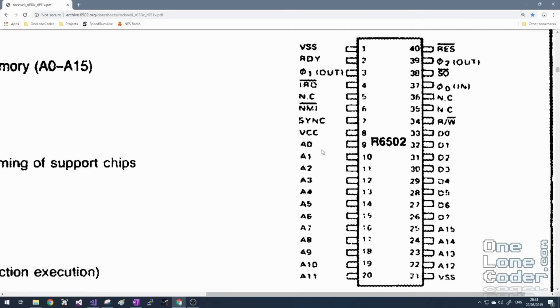So what we're looking at here is the pinout. This 40-pin version of the 6502, much like an Arduino or other sorts of things, has a bunch of various analog inputs, control lines, digital inputs, digital outputs. It's a way of saying which of these little physical wires are going to carry the data from the CPU.